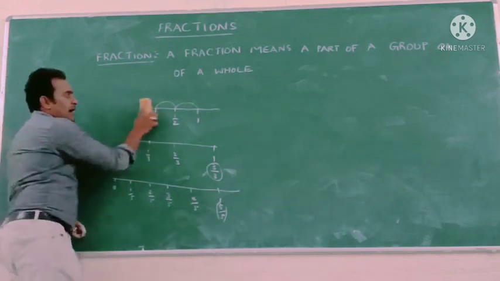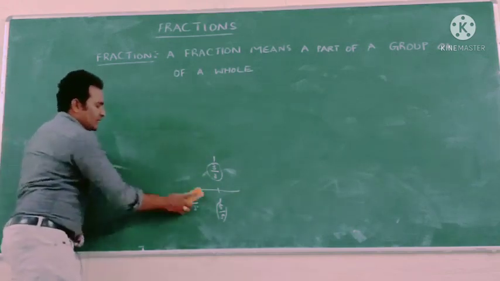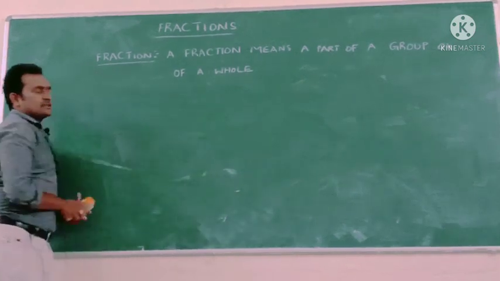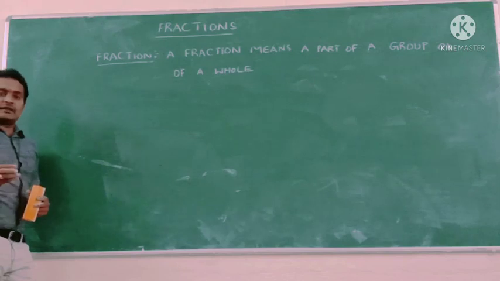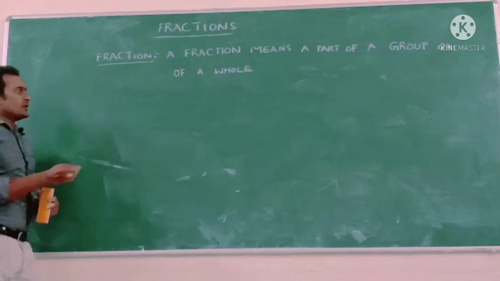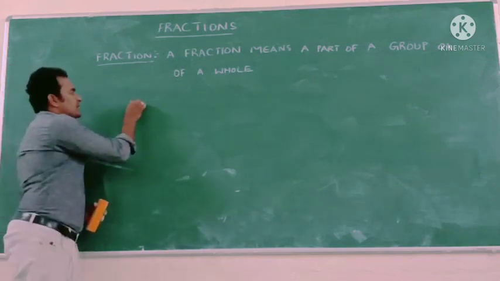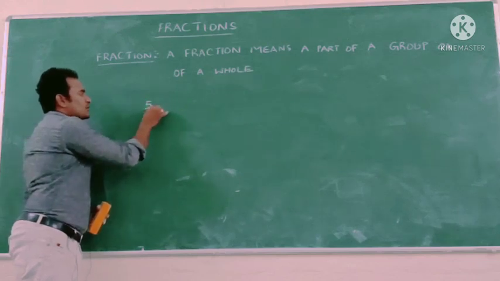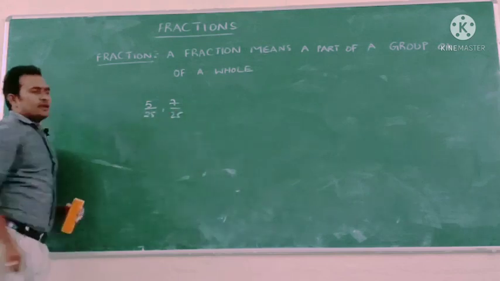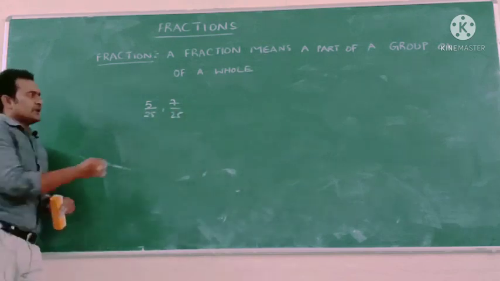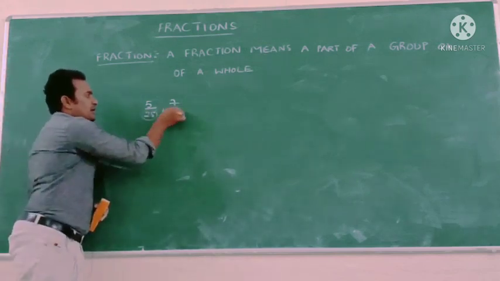There is another kind of fractions. What is that? Like fractions and unlike fractions. This is not the kind of fractions, this is types. So like fractions means, suppose I am taking two examples, 5 by 25, 7 by 25. In both these fractions, the denominators are the same.